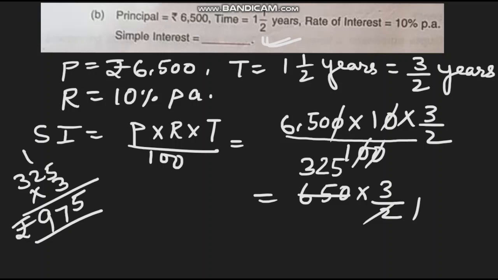So you are getting rupees 975. So what is the simple interest here? Rupees 975. So on rupees 6500 for 1.5 year, when the rate of interest is 10%, your simple interest is rupees 975.